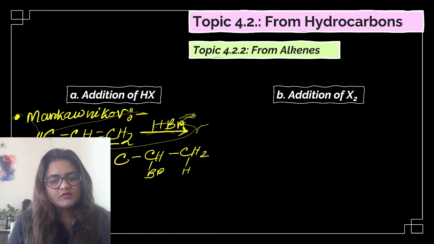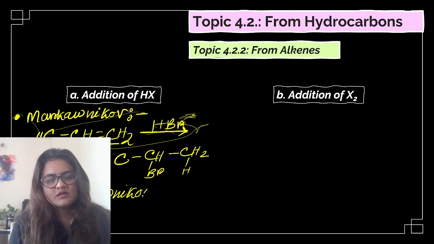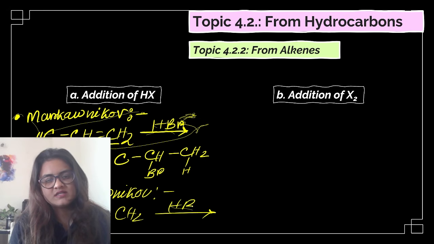Now similarly we can proceed with the anti-Markovnikov addition. Whenever it comes to anti-Markovnikov, same thing, I am giving CH3, CH double bond CH2. Now here also I am giving HBr, but in presence of peroxide.